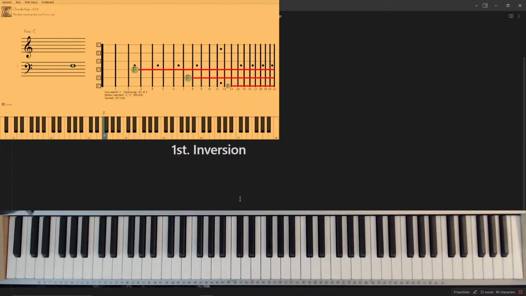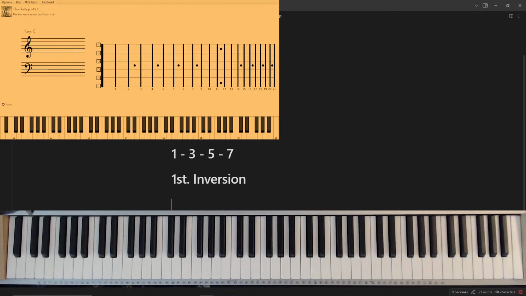Okay, so root position F major 7. Maybe let's write that too. Another way to write it down would be with our lovely Roman numeral analysis. 1 maj 7. This would be a way how we could write down this chord abstracted from its key.